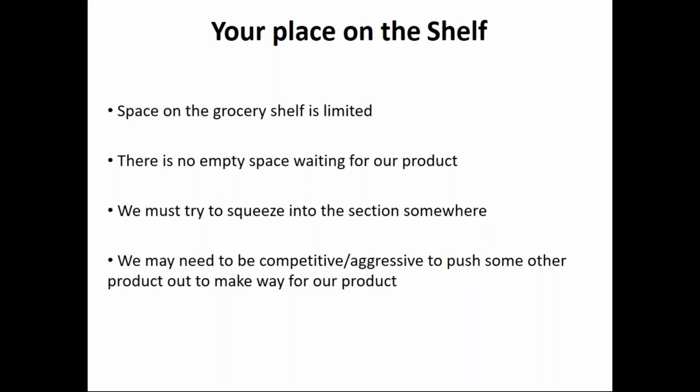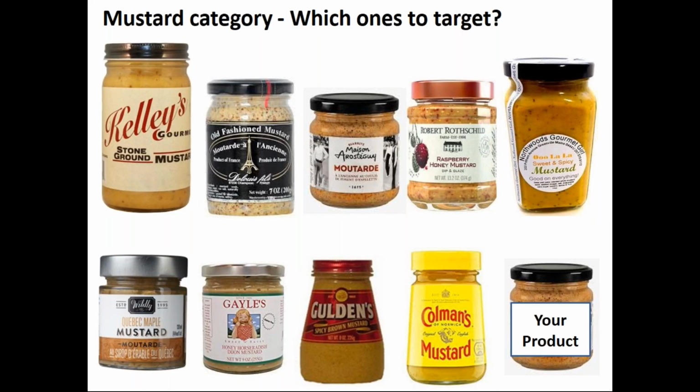So therefore, you may need to look at what kind of products are there that maybe can go, that we can encourage the retailer to get rid of to make room for your product. So looking back at these in the mustard section, looking back at these various alternatives here, and assessing which ones could we target?